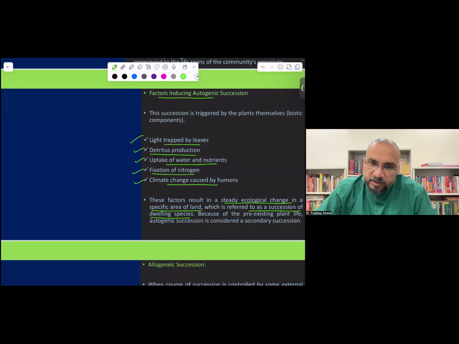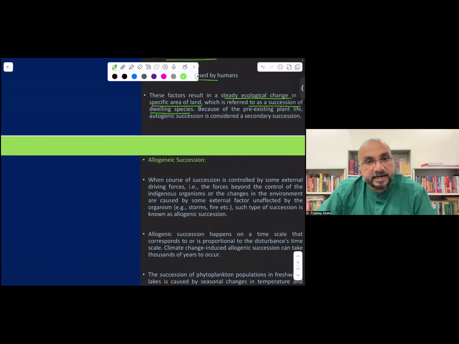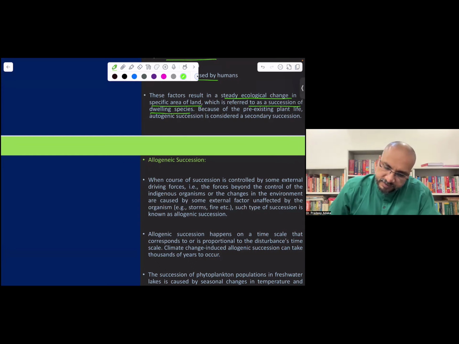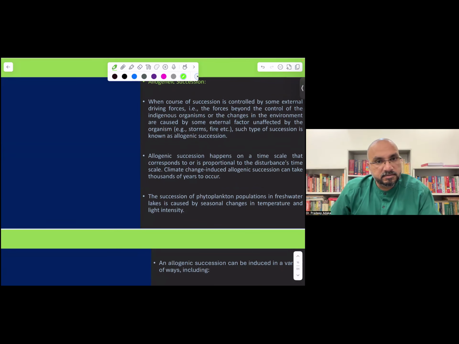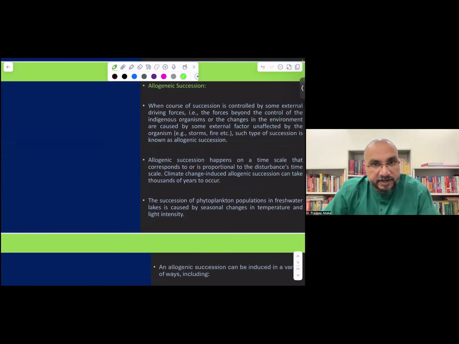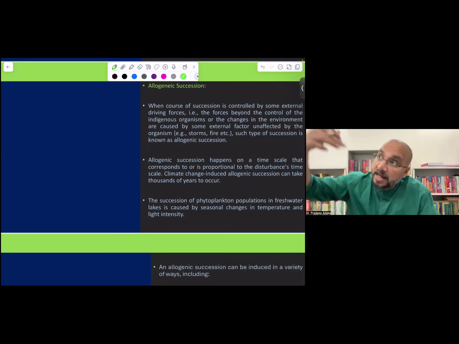Because of the pre-existing plant life, it is considered secondary succession. So autogenic succession is considered a secondary succession. Because of some natural calamities, again the succession begins. Now allogenic succession. अब देखो यहां पर इंटरनल फैक्टर्स कंट्रोल नहीं कर रहे हैं, एक्सटर्नल फैक्टर कंट्रोल कर रहे हैं. जस्ट अ मिनट.